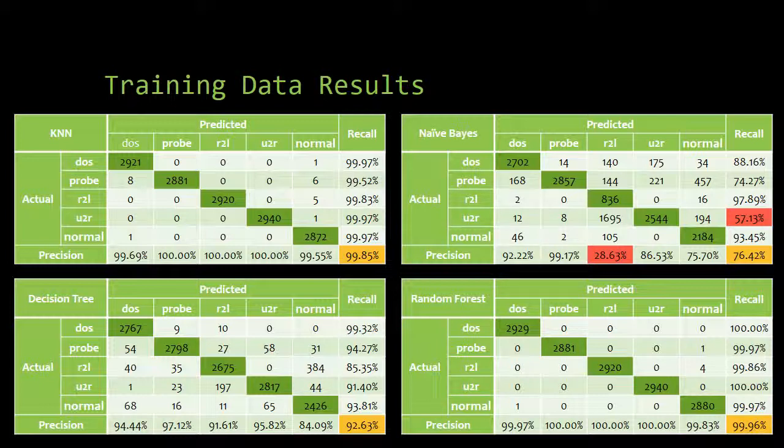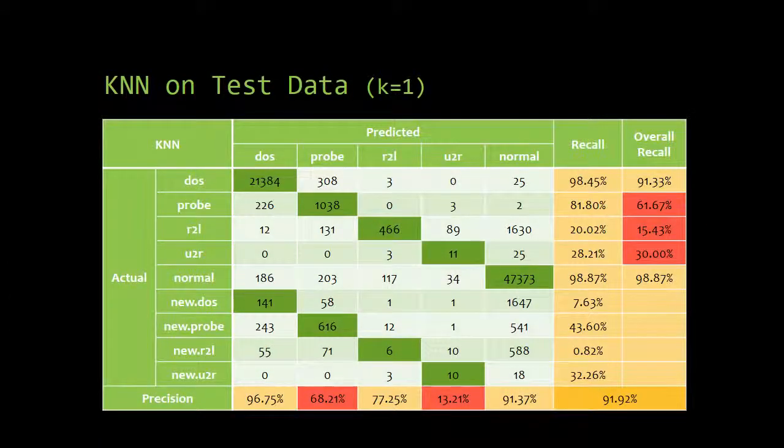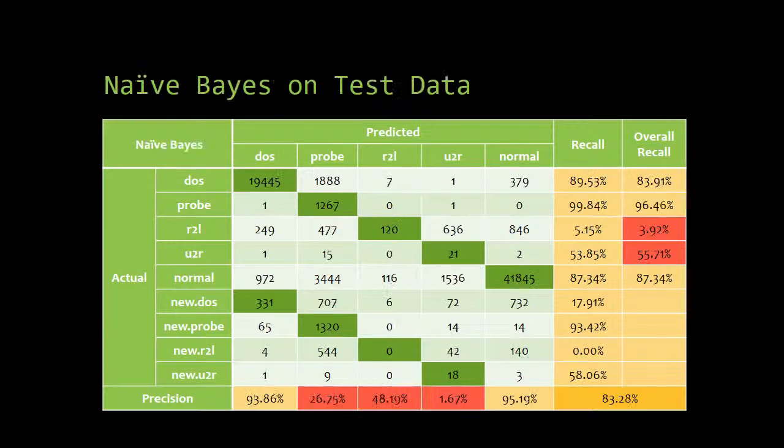There's only one thing that naive Bayes didn't give relatively good results. Then I run these methods on test data. So KNN's result is still good, but the recall rate on R2L, U2R, and the precision rate for U2R are not very good.